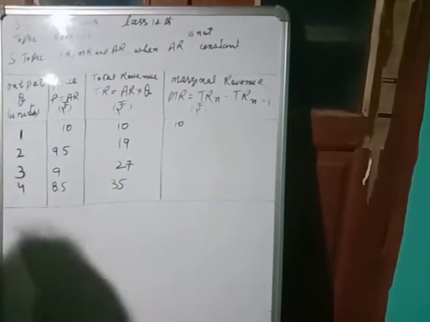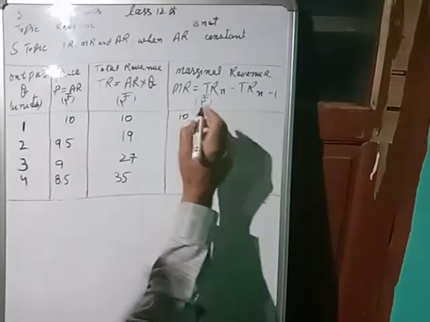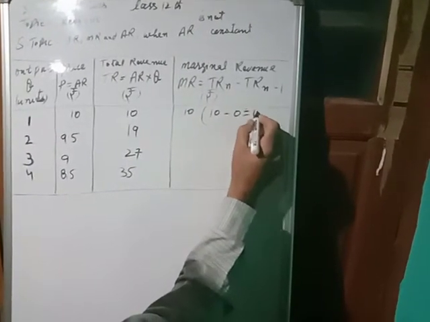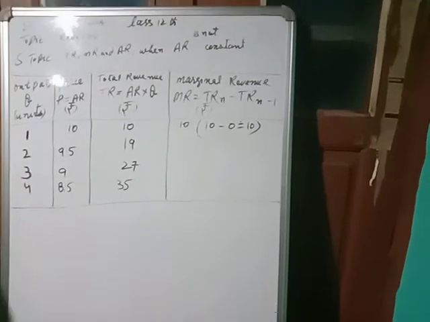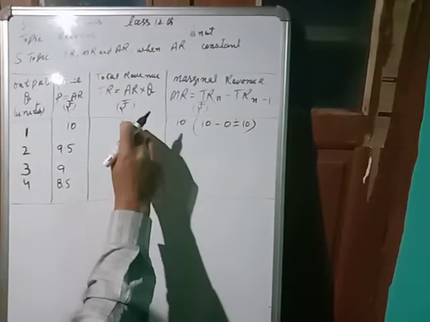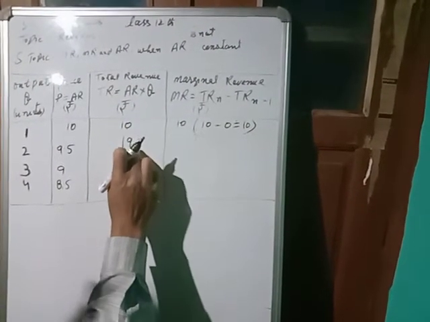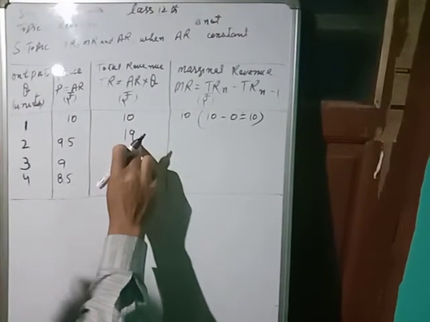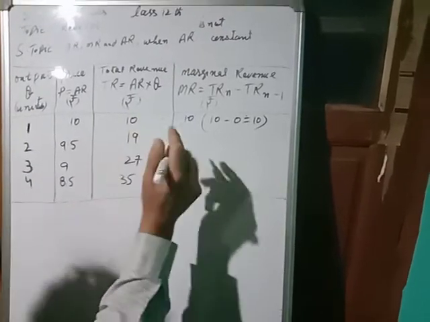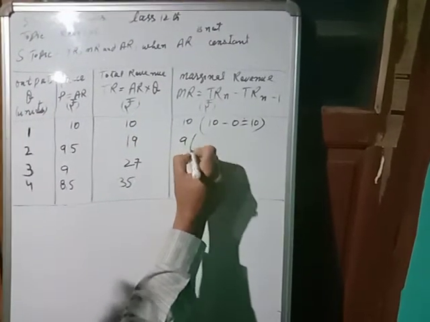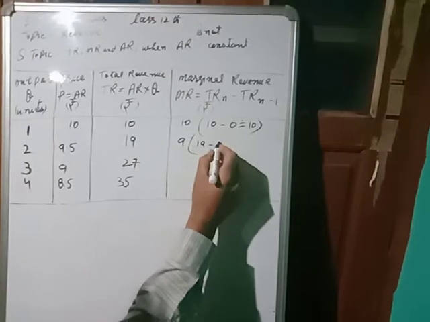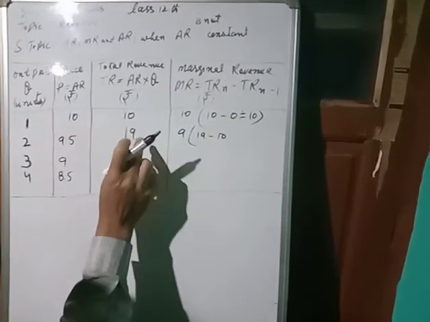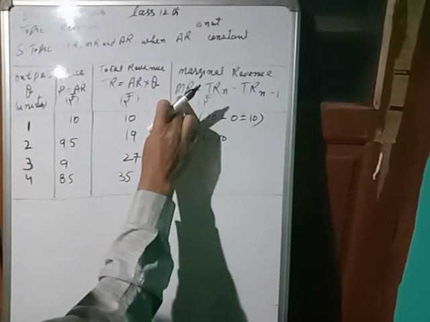How is it 10? Because 10 minus 0 is equal to 10. And for the second unit, we can subtract 10 from 19, that is 9. How? 19 minus 10, because we are doing marginal, additional.